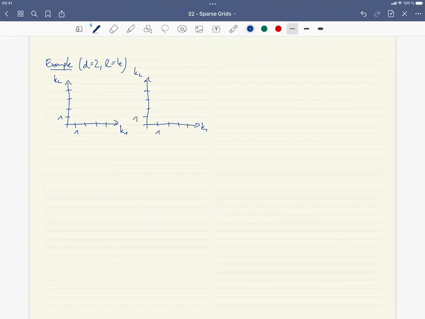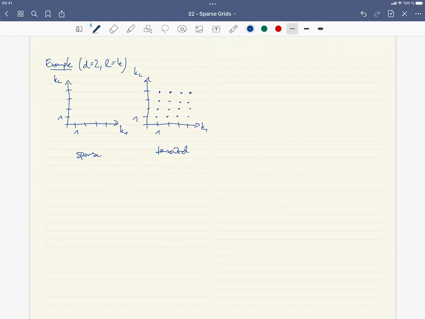So where does the tensorized run? It's very simple. All of these multi-indices are allowed, so the maximum is 4. That's just what it means. This is tensorized, and this is sparse.